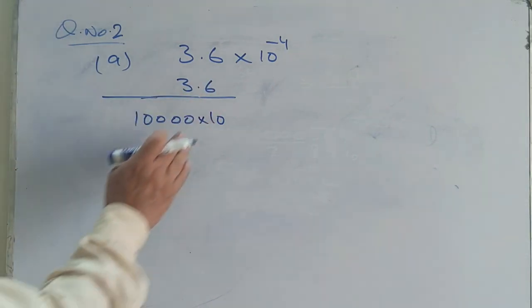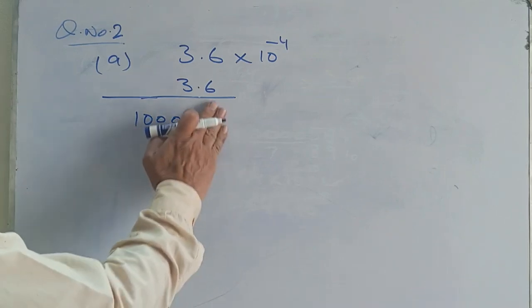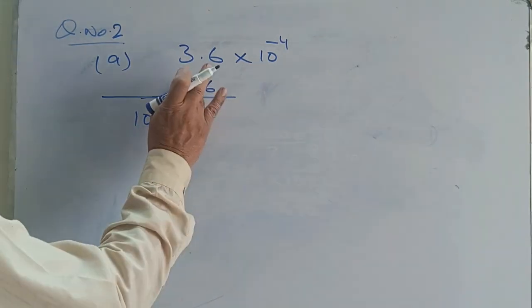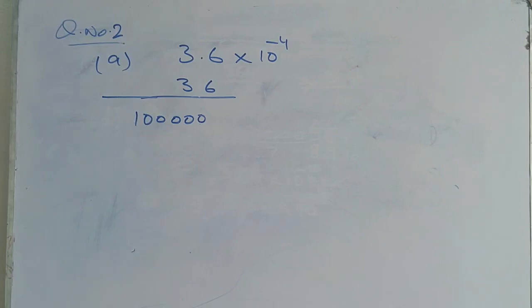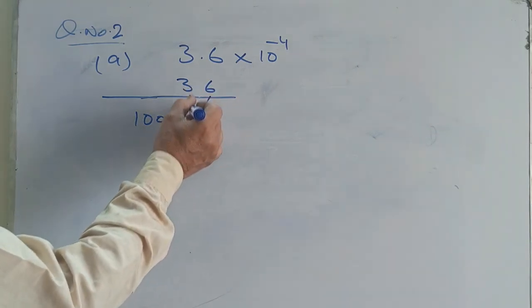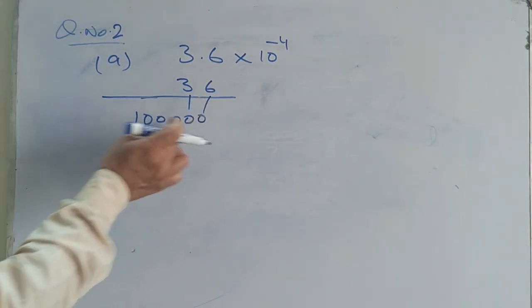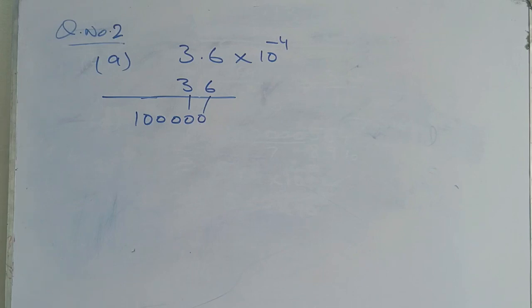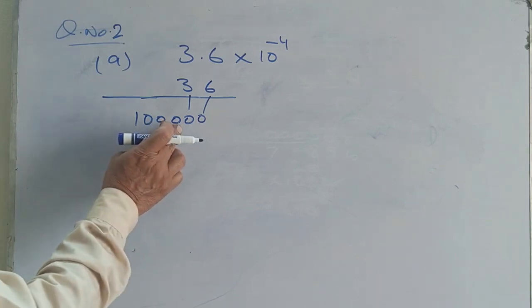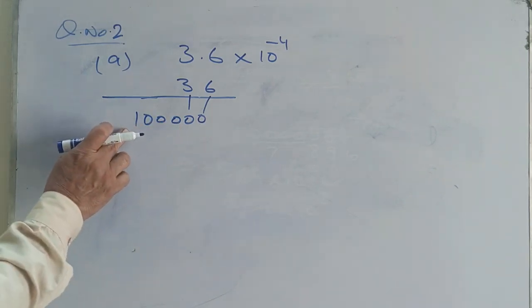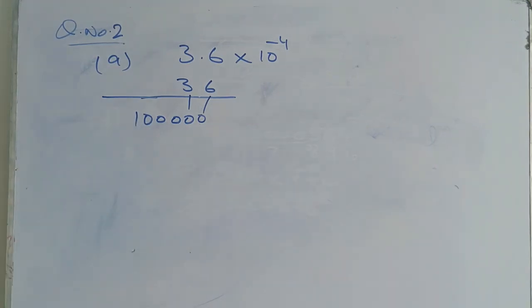So instead of 4, these will become 5. And the point also has been removed from here. Now just align the things. You see that 2 zeros have been consumed. How many zeros are left? 1, 2, 3 zeros and then 1 point. Now this 1 stands for the point.